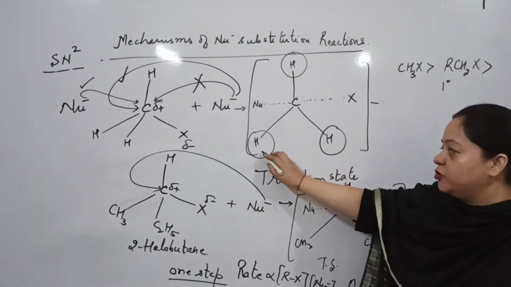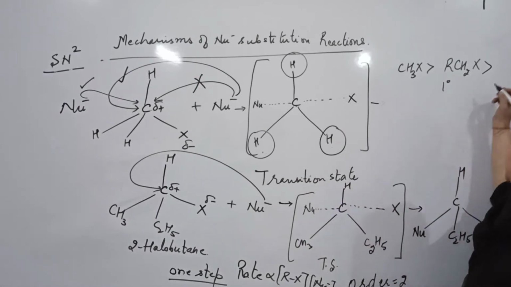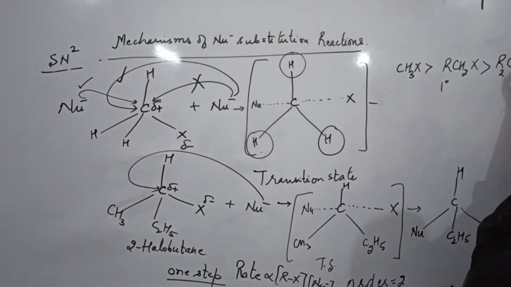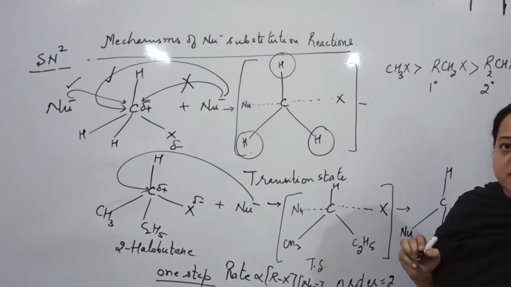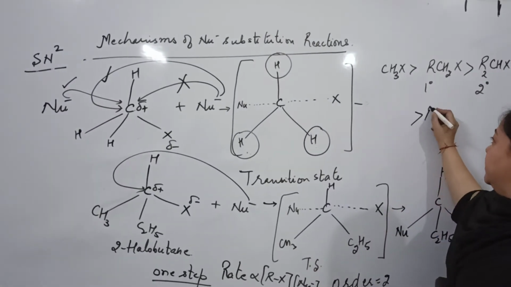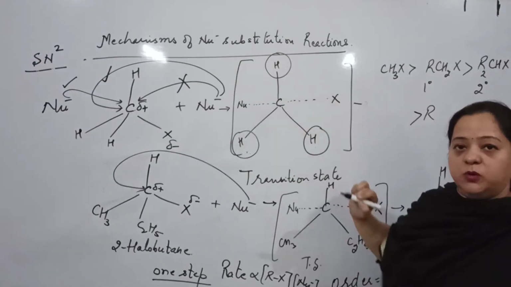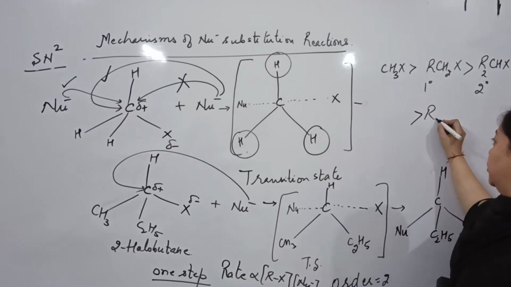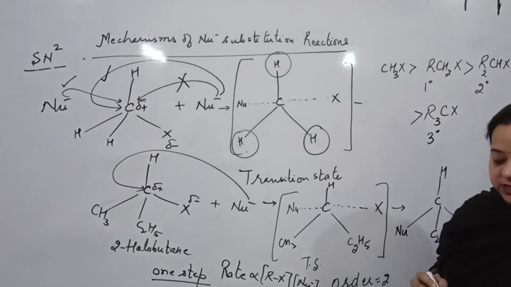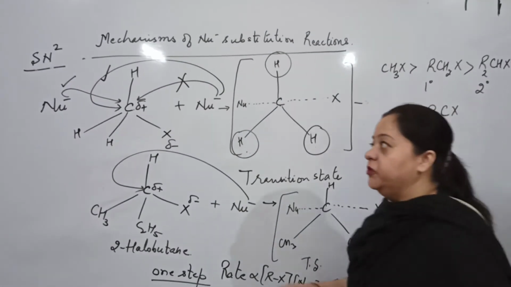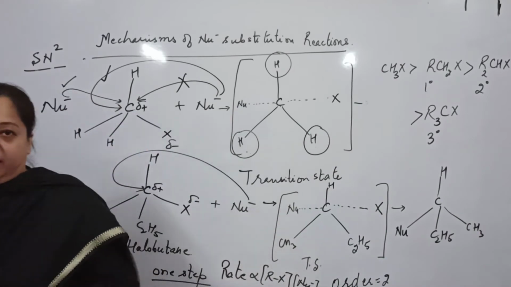When the second hydrogen is also replaced with an R group, that is R2CHX, the secondary alkyl halide, the reactivity decreases. And then when the third hydrogen is also replaced with an alkyl group, that is R3CX, a tertiary alkyl halide, it is least reactive towards the SN2 mechanism.